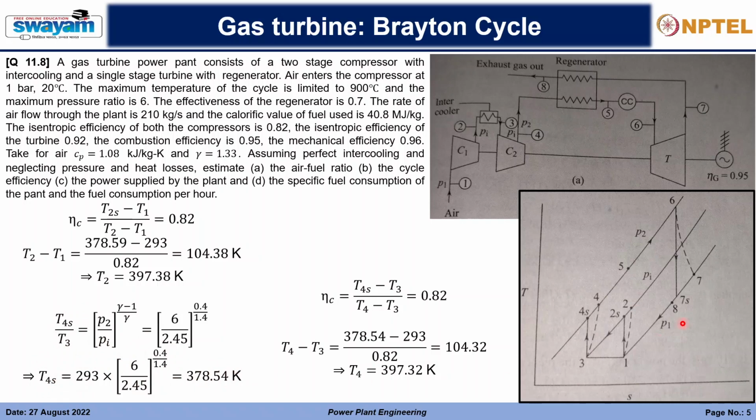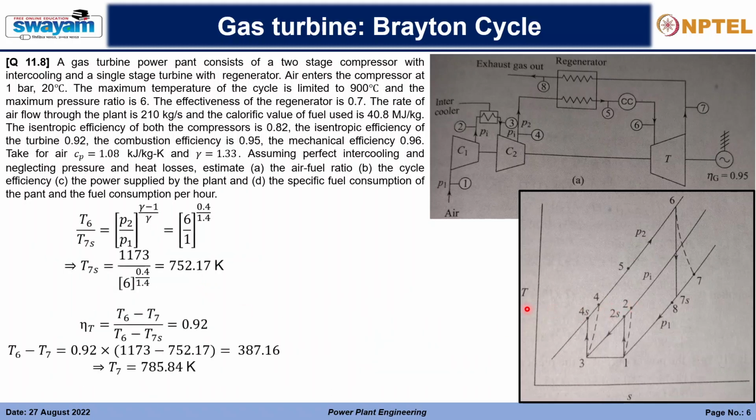T4s I have got as 378.74, and utilizing the compressor efficiency I have got 397.32 Kelvin. So it is almost close, and can be considered almost equal. So T2 and T4 are almost equal. Then we have got T2 and T4.